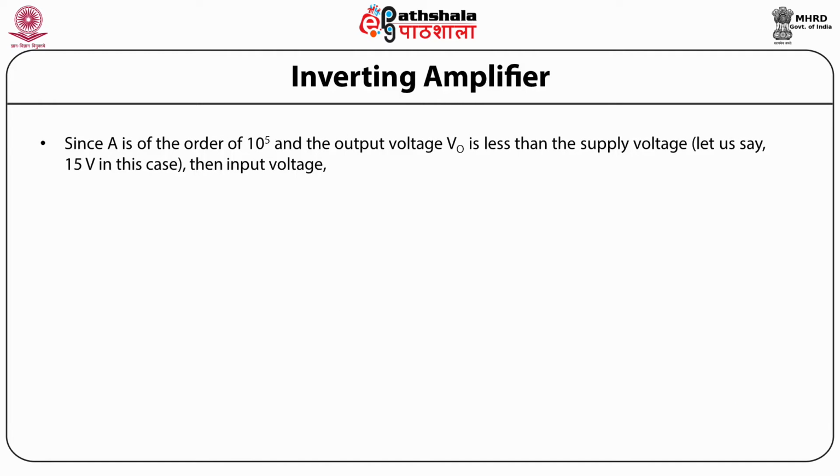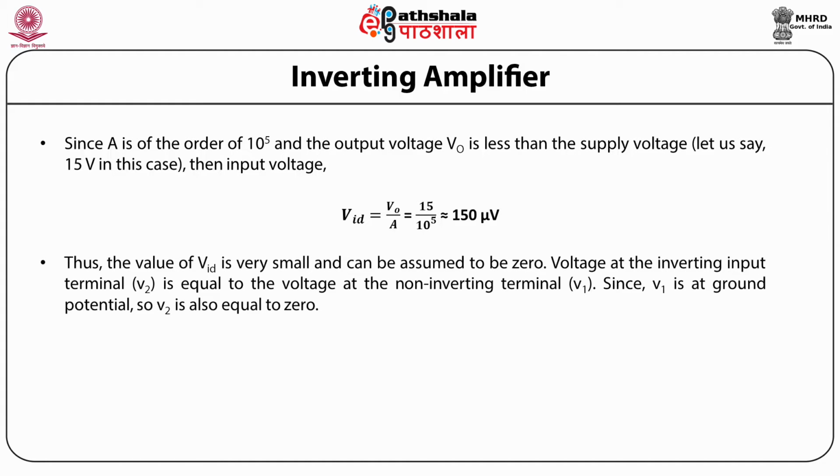Since A is of the order of 10 raised to power 5 and the output voltage V0 is less than the supply voltage, let us say 15 volts in this case, then the input voltage Vid will be equal to V0 by A, which will be equal to 15 divided by 10 raised to power 5, approximately 150 microvolts. Thus, the value of Vid is very small and can be assumed to be 0.